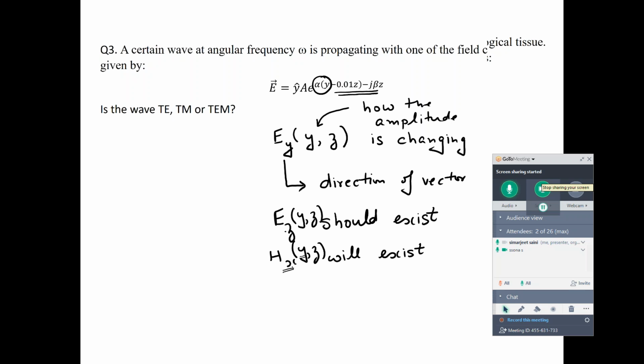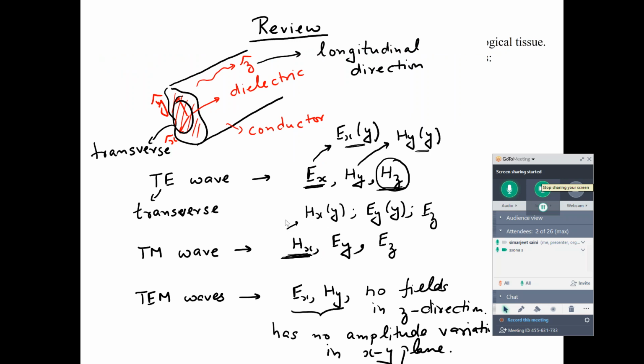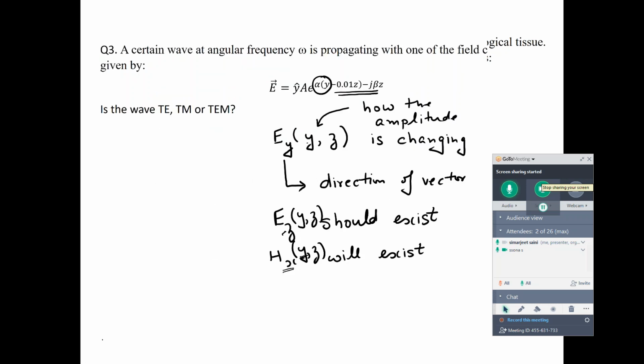So if Hx exists and changes its amplitude in y, Ez would exist. If Ey exists and changes its amplitude in y, Ez would also exist. So everything is nicely pointing towards the same arguments. So this wave should be a TM wave.